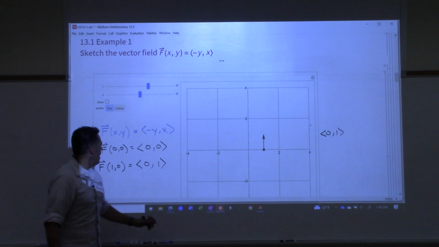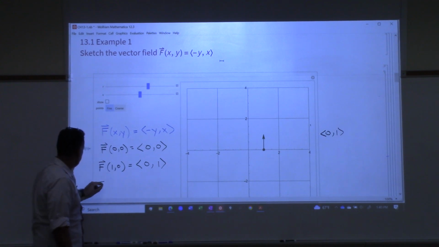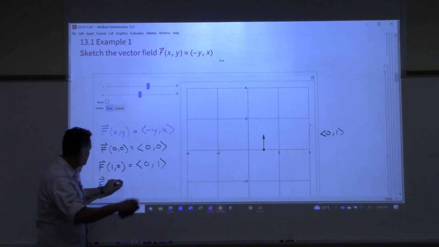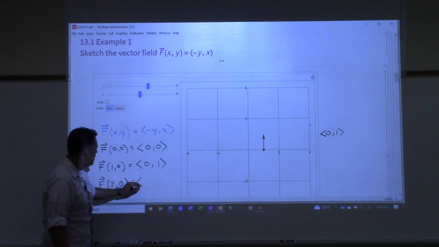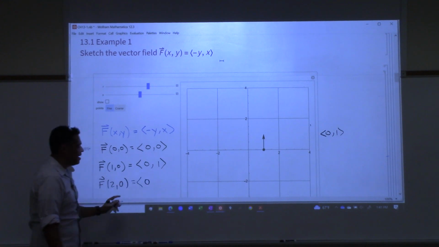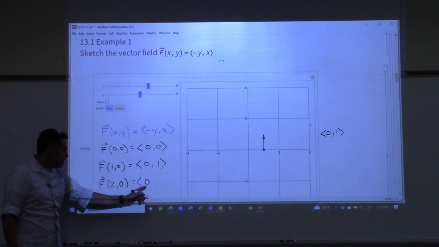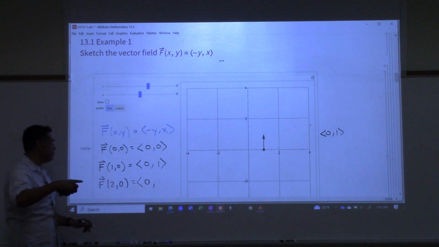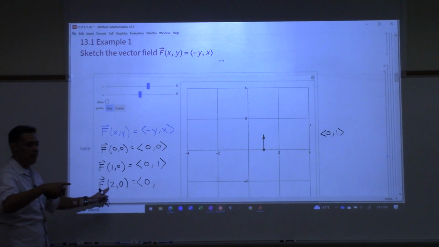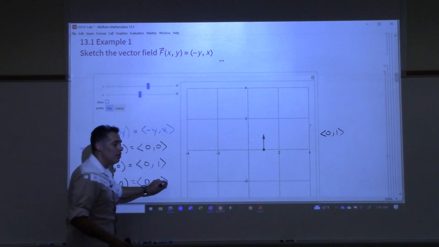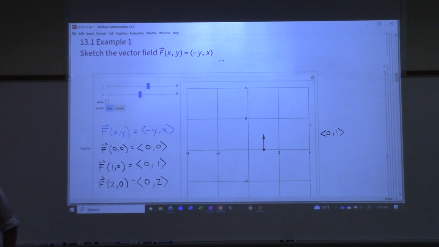And as I go to the right, let's say I go to 2, 0 out the x-axis, I would expect my x component to stay 0, but my y component is actually going to become the 2 now, right? So it's just going to become a longer vector as I move to the right, but still pointed up. So I'm going to start moving it. Just pay attention to see how I go to the right, and the vector still points up, just gets longer.